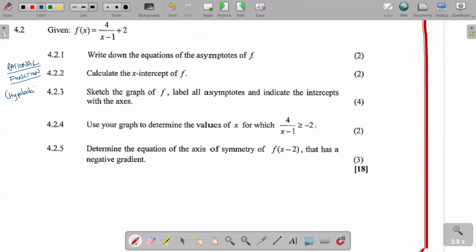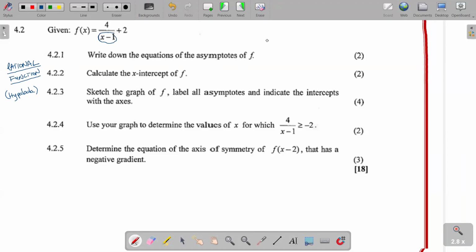So we are given that f(x) is equal to 4 over x minus 1, plus 2. Then the first question was saying write down the equation of the asymptotes of f. So to get the first equation, we have to equate the denominator to 0.